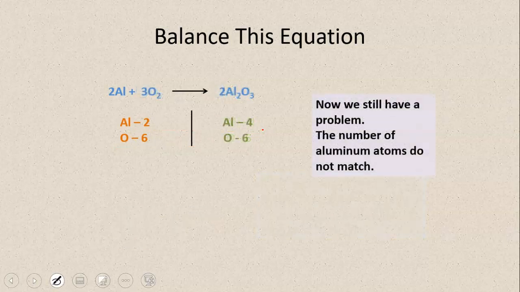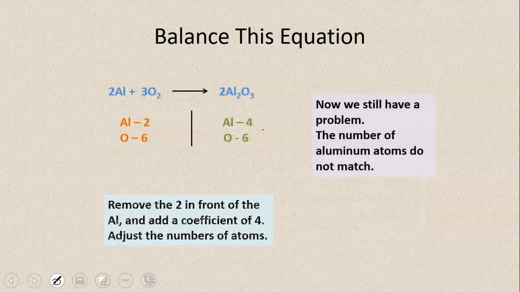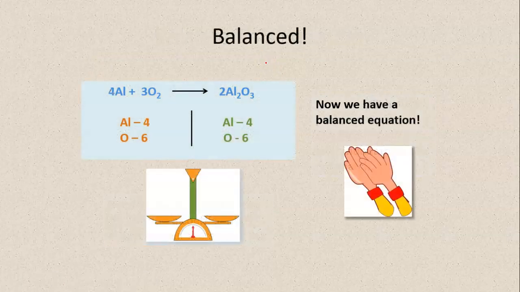Well, if we take away the 2 in front of the Al on the reactant side, again, reactants, products, and change that coefficient instead of a 2 to a 4, now with a 4 out here instead, we have 4 Al on this side.